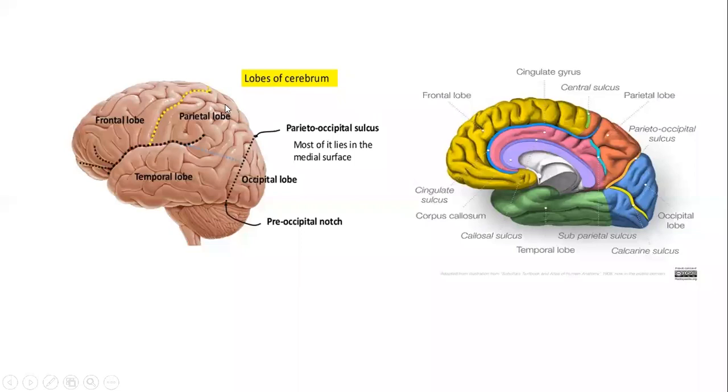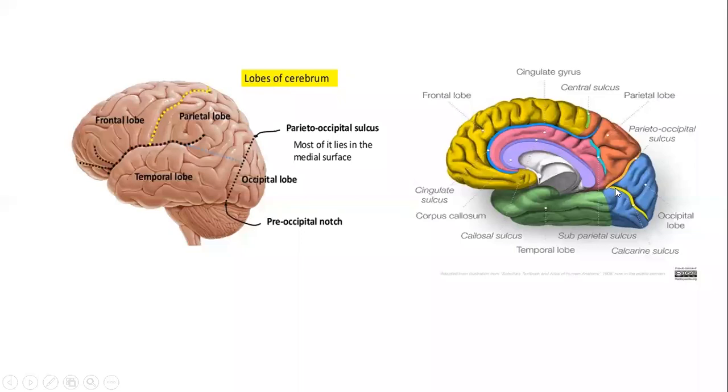So what have we done so far? Central sulcus, parietooccipital sulcus, and the calcarine sulcus. Calcarine sulcus is also more visible on the posterior and medial surface of the cerebral hemisphere.